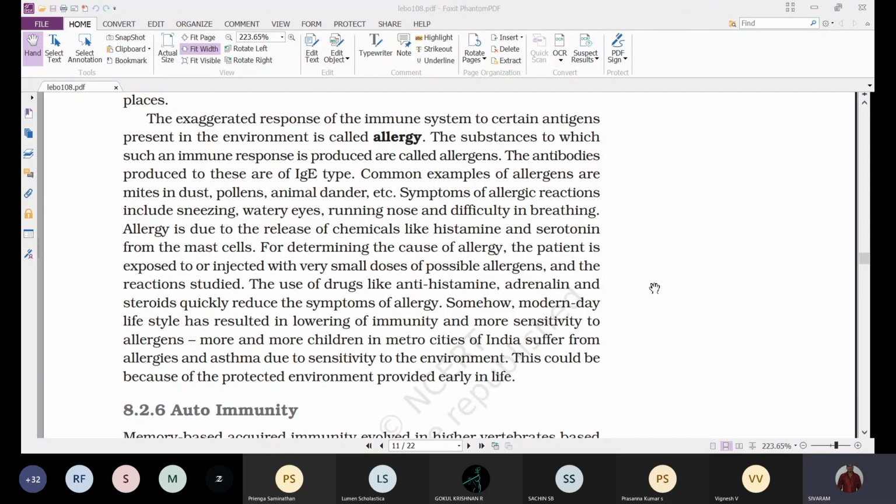Even you can see sometimes when you go to the hospital, whenever they want to give certain antibiotics or injections which may be allergic, first of all they give it on the hand. They give it to the skin of our hand and leave it for about 1 or 2 hours for observation, and they check whether any allergic reactions are shown by our body.